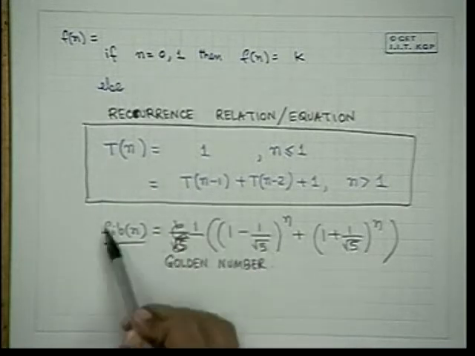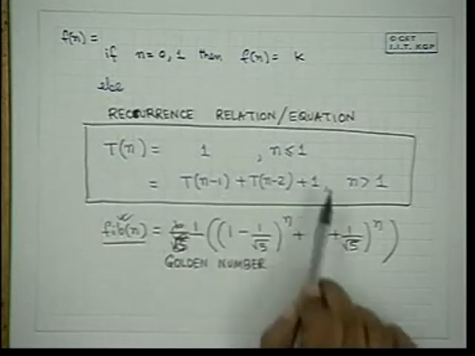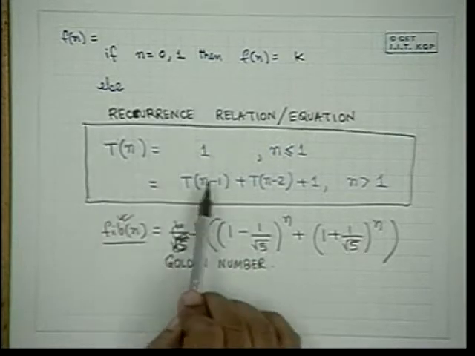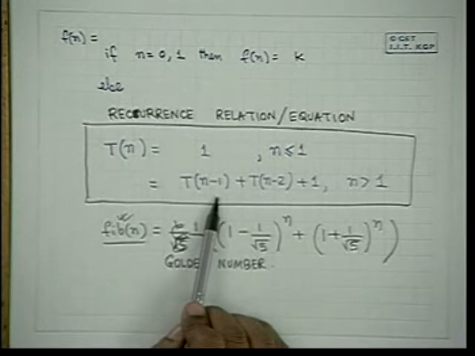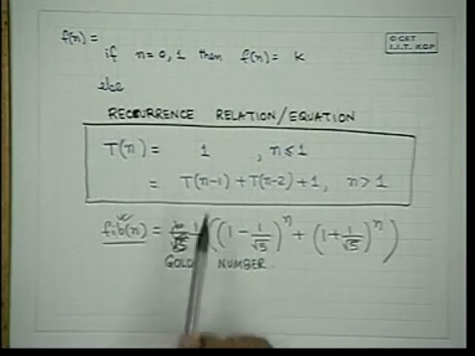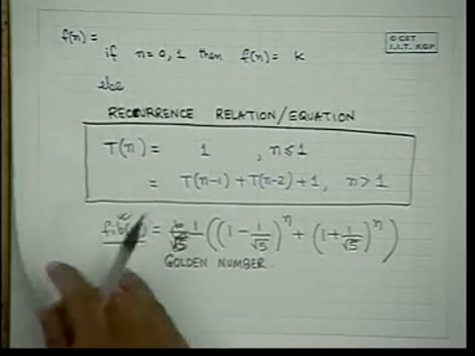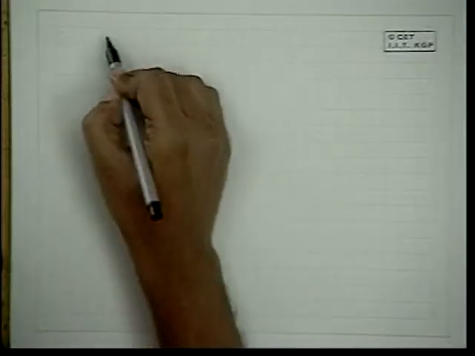But this Tn can be written in terms of Fib n, you know. Can you make a guess? Is Tn equal to Fib n? What is Tn?